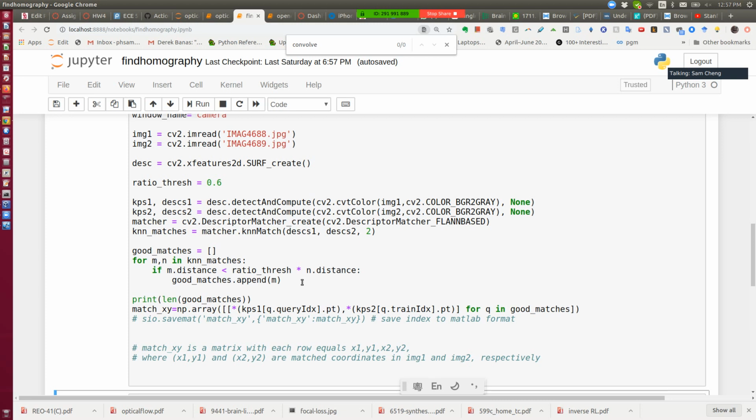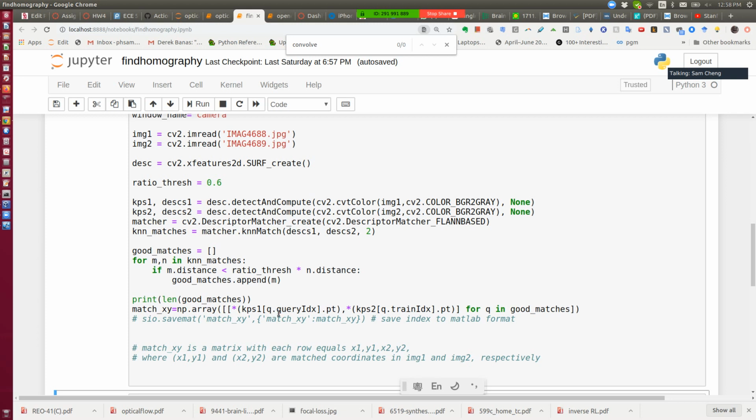When you do matching, you have two images, right? So one is the query, one is the train, basically. The index is just that you have the list of the indexes, and then it's just like which one is matched to which one. For example, if you have 3, 2, it's like 3 matched to 2. So it goes through each match and checks.